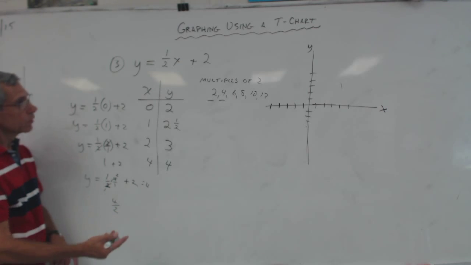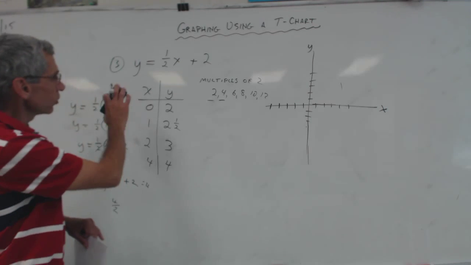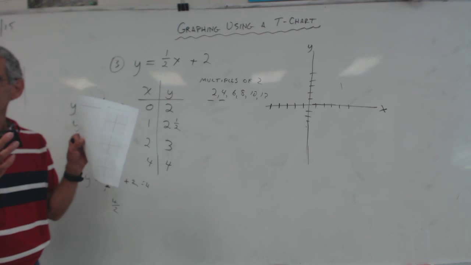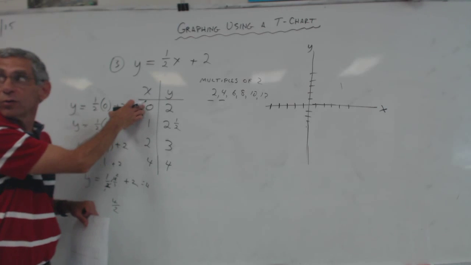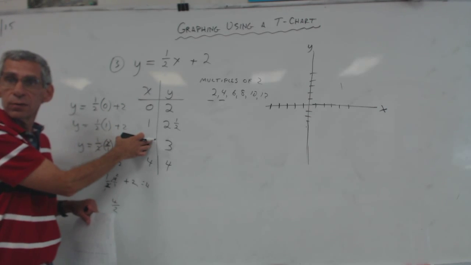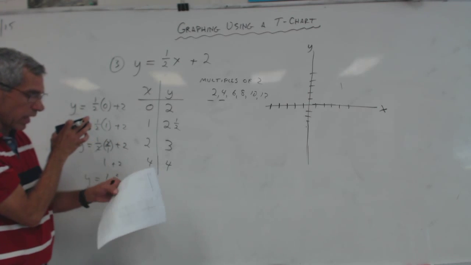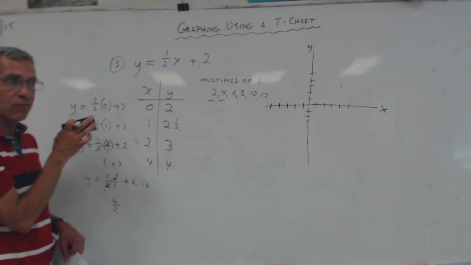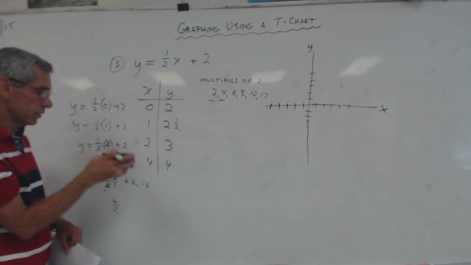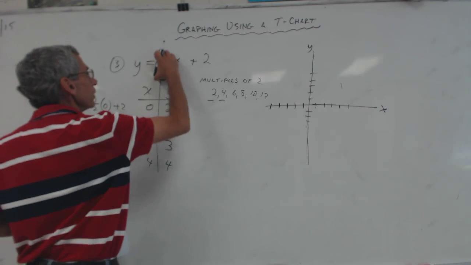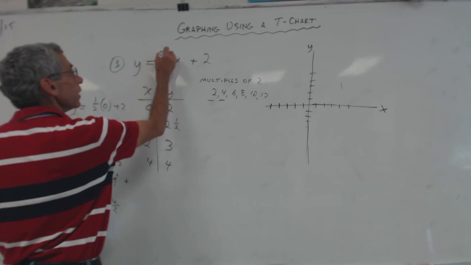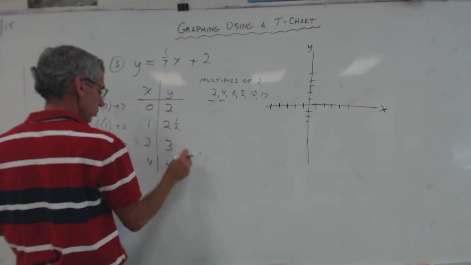You with me? So it's not so hard with the half, the very first one on the homework. You could probably get away with doing 0, 1, and 2. But with some of the others, like the last one, I think I did 1/7. Let me just give you an idea of what I would do. Let's say I said 1/7 x plus 2.